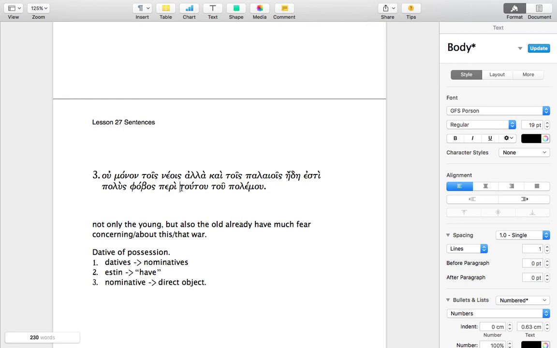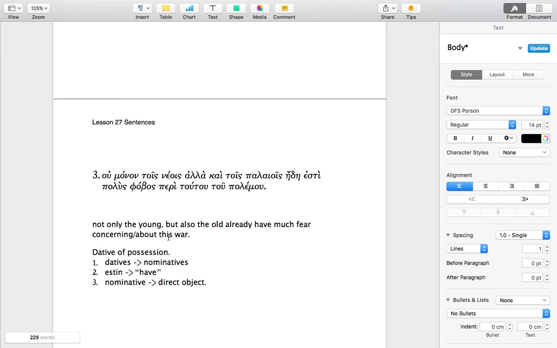Keep in mind, hada is our demonstrative that always means this, something nearby. Ekenos is our demonstrative that means that. It means something far away from the speaker. Tutu, something that kind of exists in the middle, right? So it could be this or that, depending on the context. I would like to translate it as this war, because otherwise, why are they scared of it if it's that war over there?